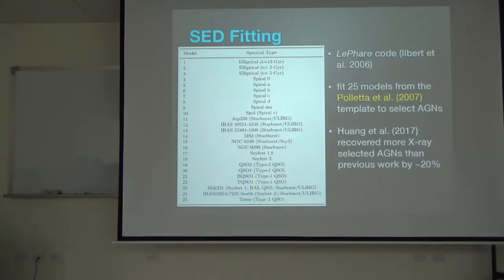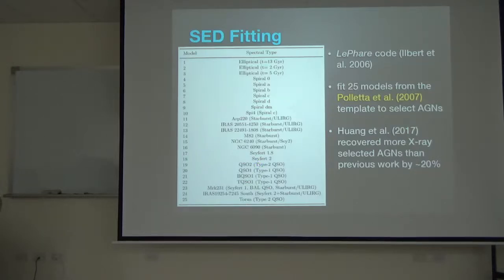To separate stars from galaxies and AGN, because we have continuous bands, we can use an SED-fitting approach. I use the Fritz templates, which have 25 models in the template library at least.